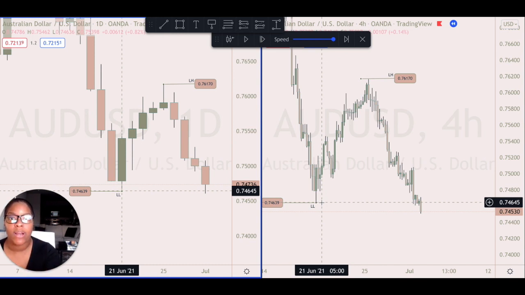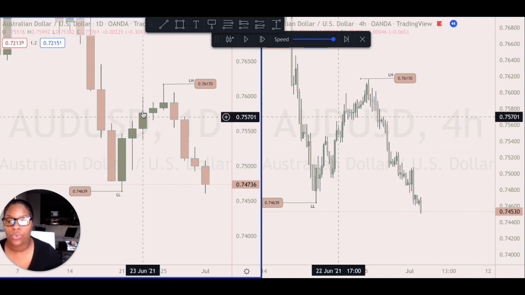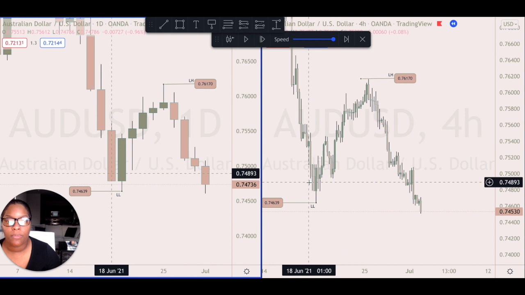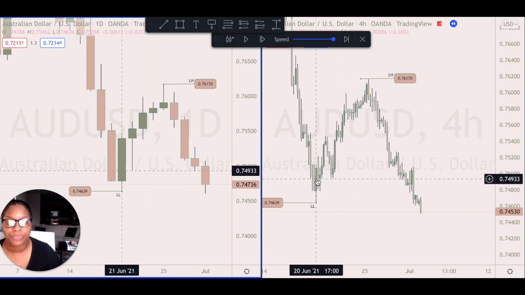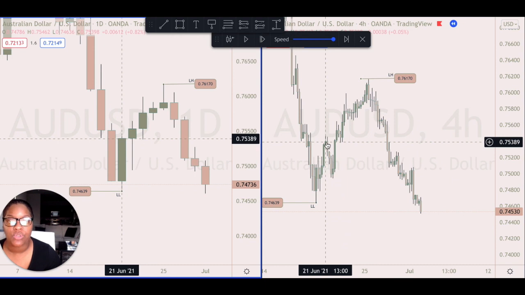Why is this important, though? One of the things that I recognize that a lot of traders do, and if this is you, this is okay because you can get out of it, is they say, well, price is doing things differently on different time frames. No, it's not. If you look here on the daily, 1, 2, 3, 4, 5 candlesticks, this is a whole week's worth of trading. Price did it over here too. On the 4-hour, the only difference is that you see more of the fluctuations, you see more candlesticks.